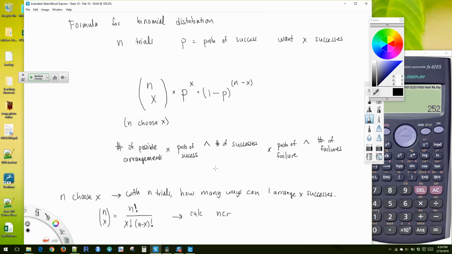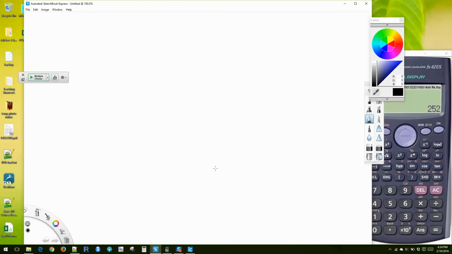All right, so let's say we do 10 coin flips, and the probability of heads is equal to 0.5. What is the probability I get 5 heads? Again, order doesn't matter in this question.